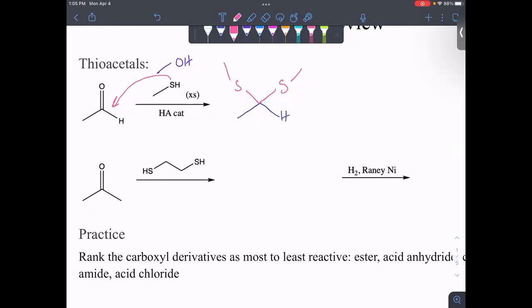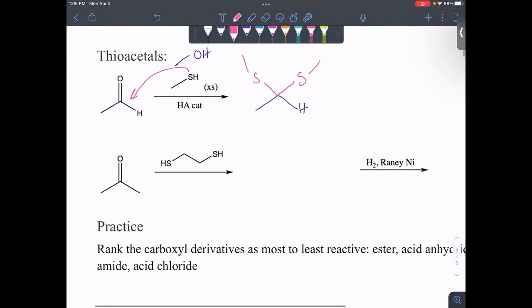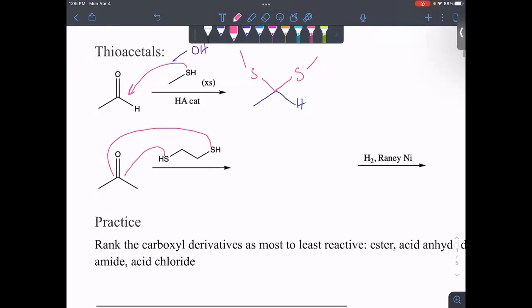Then if we have a molecule that has two thiols on each side, then we can do the same thing as a cyclic acetal. So you're just going to attack the carbonyl carbon with both sides of the molecule and then get a cyclic thioacetal. So the carbonyl oxygen goes away and you just get that cyclic sulfur thing placed right on top.